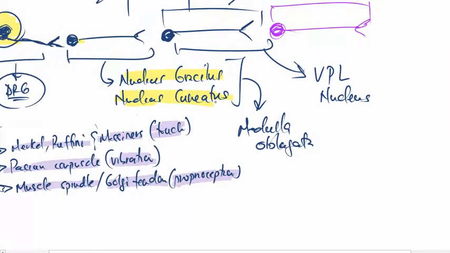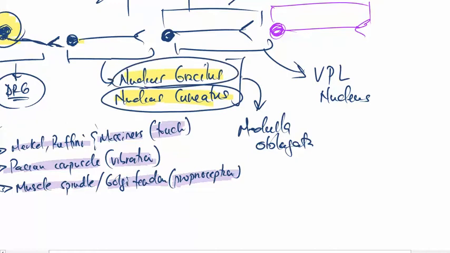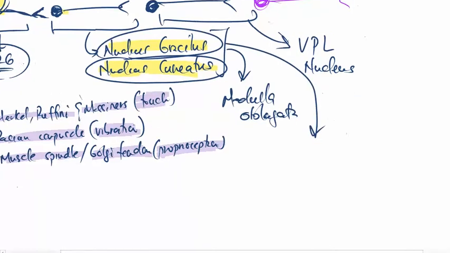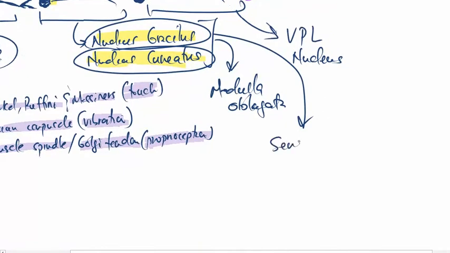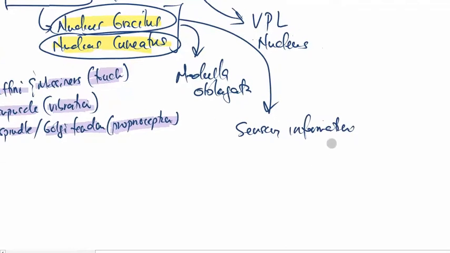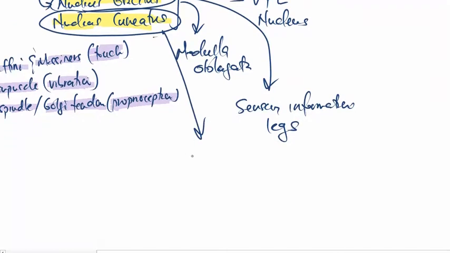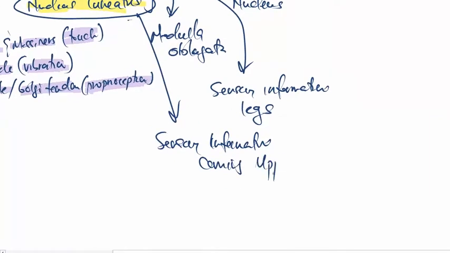Okay, so when we're talking about the nucleus gracilis, this is sensory information coming from your legs. For the nucleus cuneatus, this is sensory information coming from your upper body.